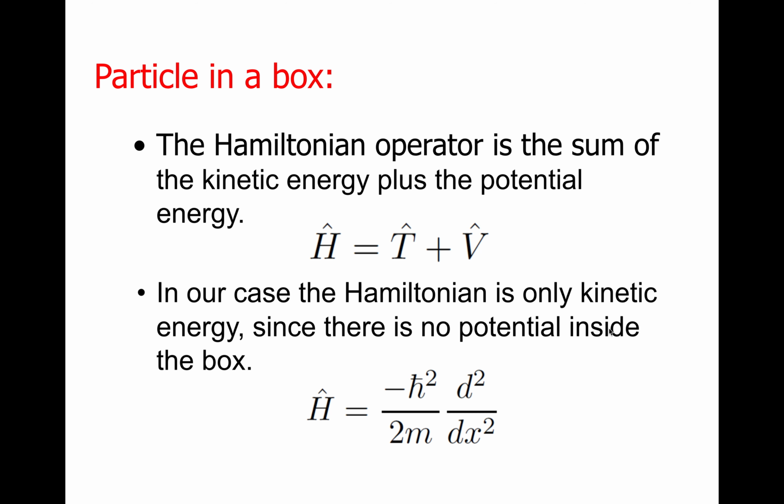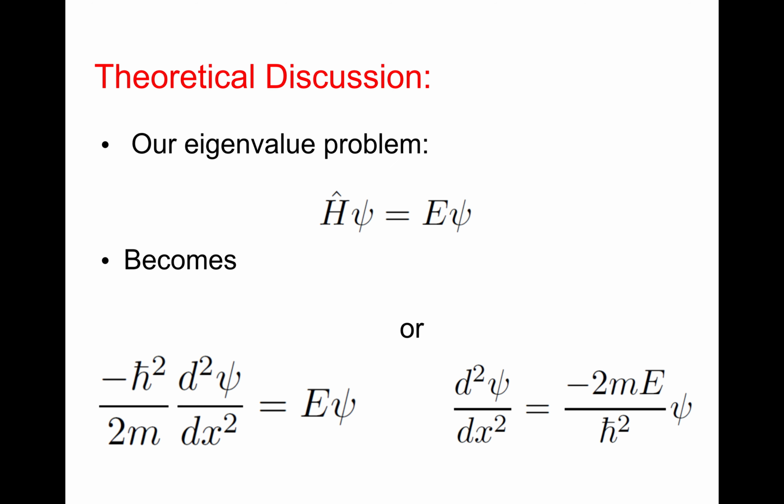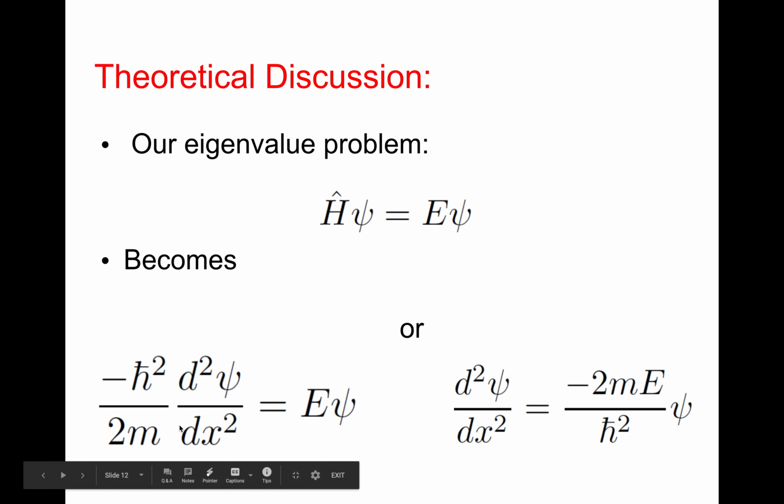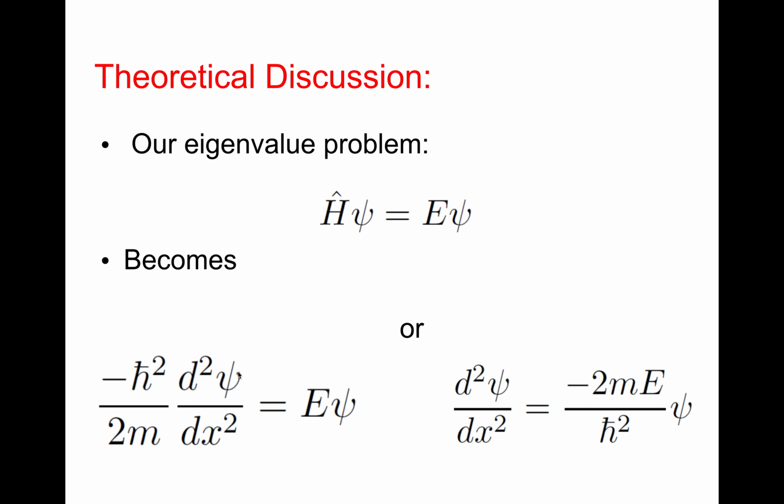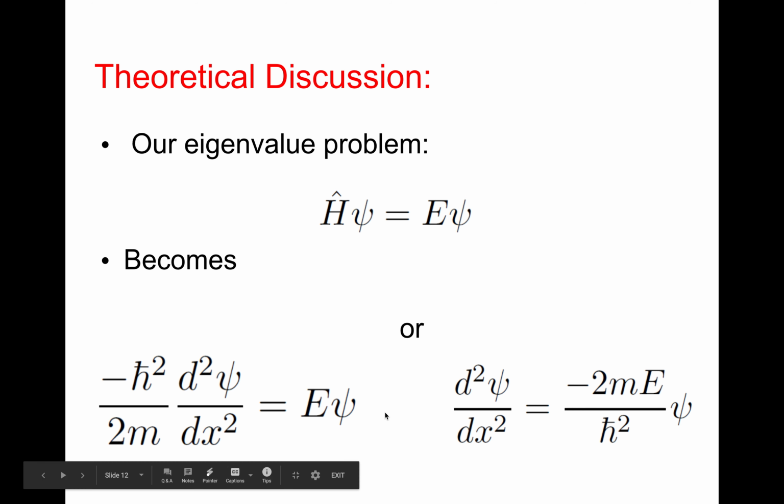This operator is going to operate on some function, in this case our wave function. So we have the Hamiltonian operating on the wave function gives us some constant, in this case energy, times the wave function again. All I do here is the Hamiltonian, our kinetic energy operator, operating on psi is equal to energy times psi again.